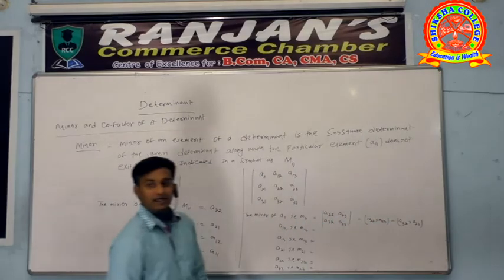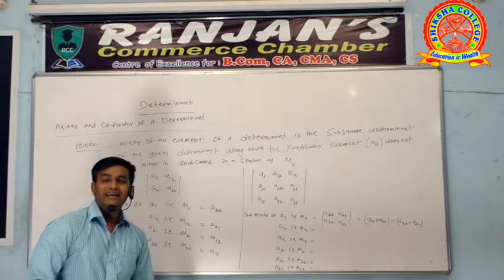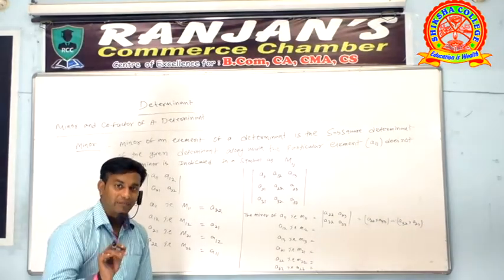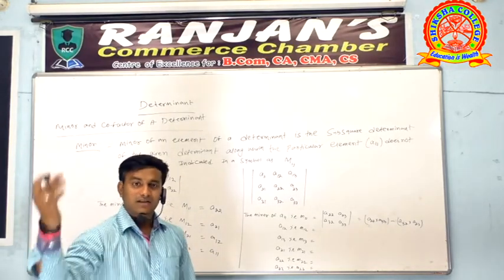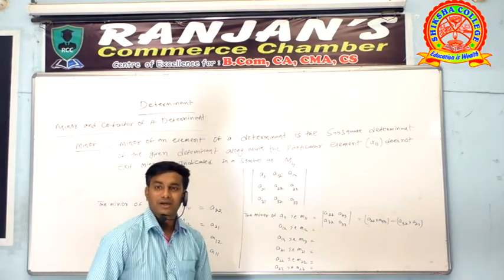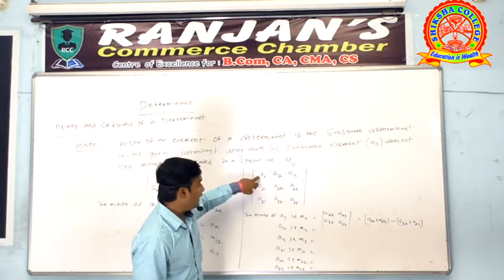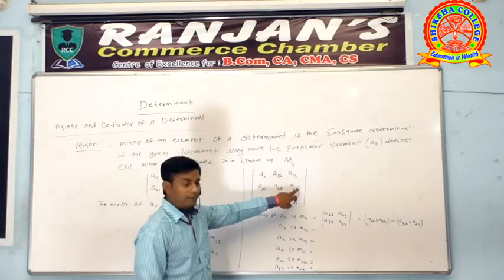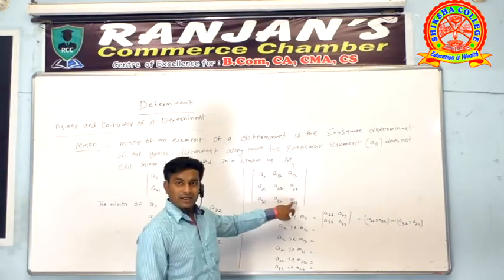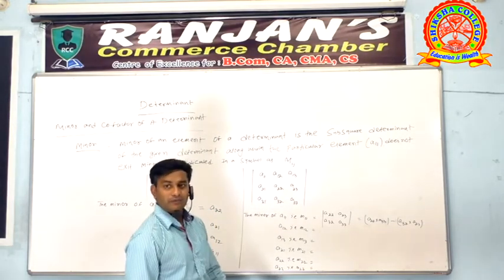That is the minor of that value. First of all, we delete the row and column containing A11. Now what is left? A22, A23, A32, A33. Now A22 into A33 minus A32 into A23. That is the value. Clear?